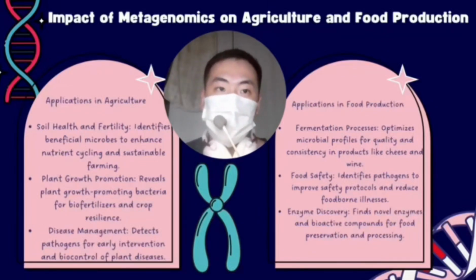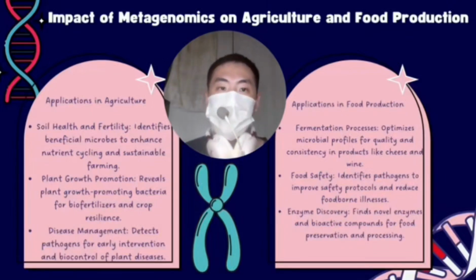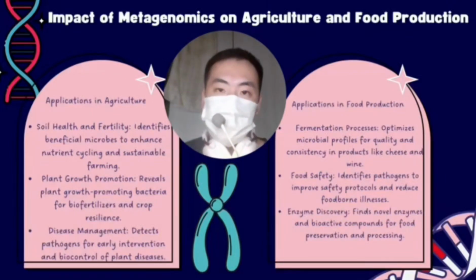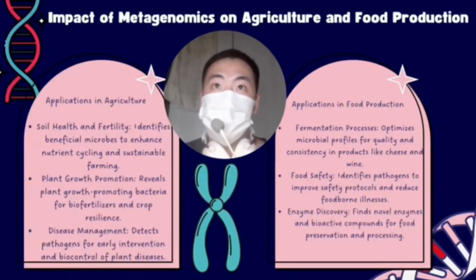In addition, it unlocks novel enzymes and bioactive compounds that facilitate food preservation and processing. Together, these applications demonstrate metagenomics' precision as a cornerstone of innovation in the agriculture and food industries.